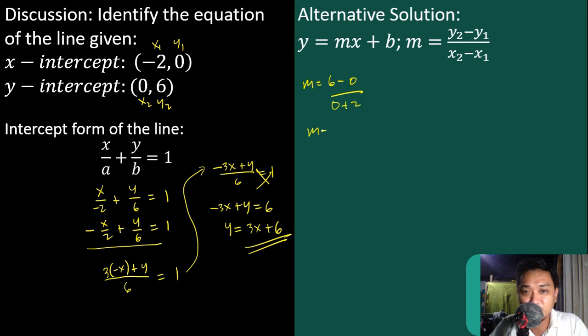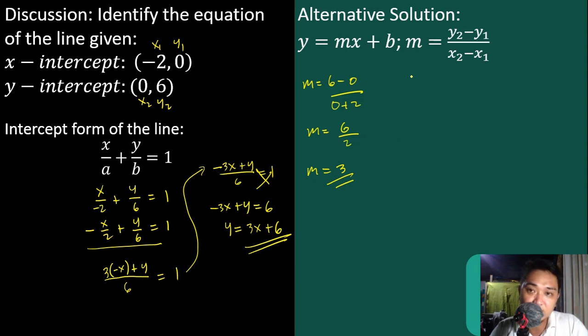Yan. So 6 minus 0 is 6, while 0 plus 2 is just 2. Therefore, our slope is 6 divided by 2 is just 3. Ayan, may slope na tayo.